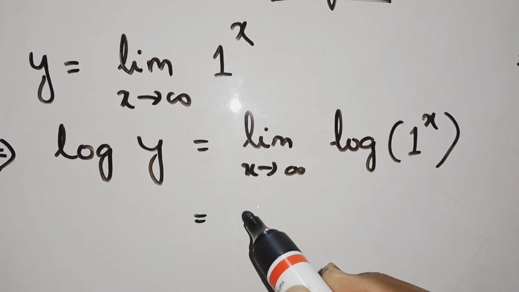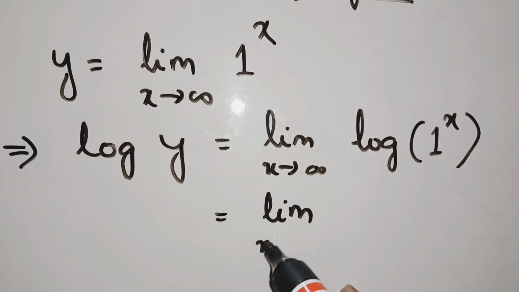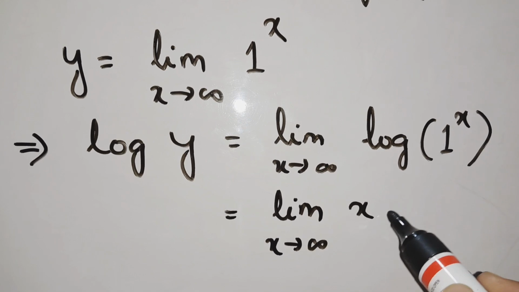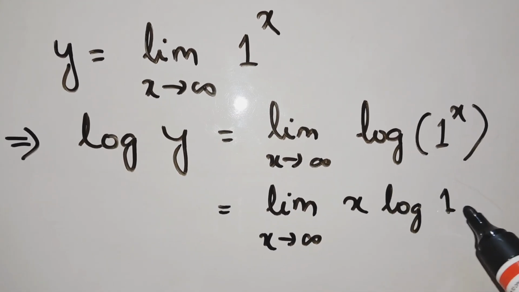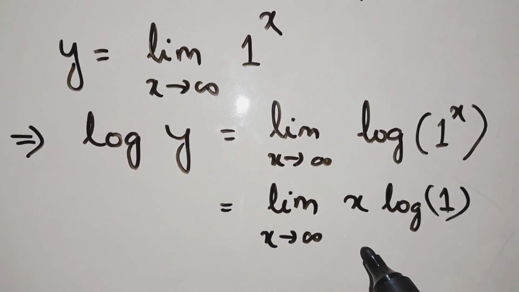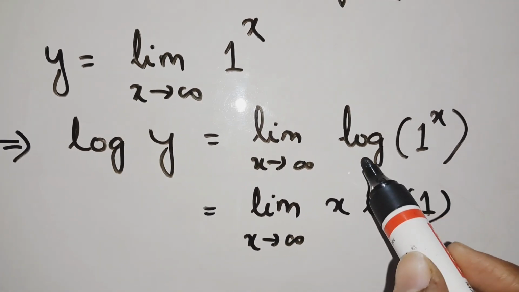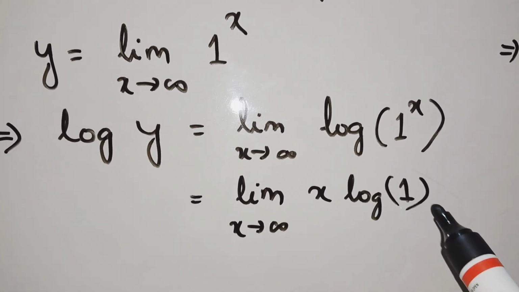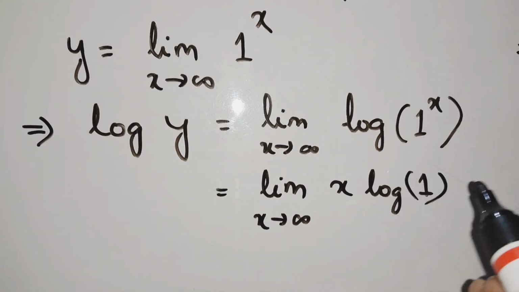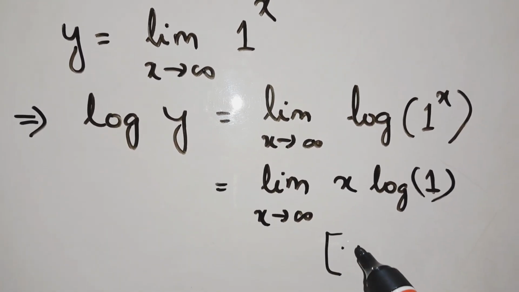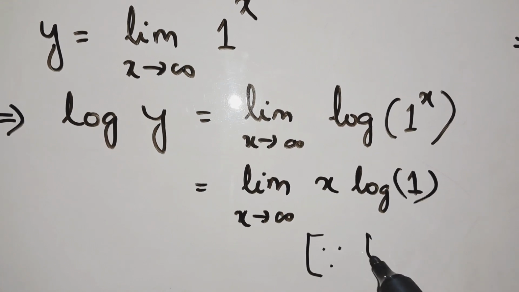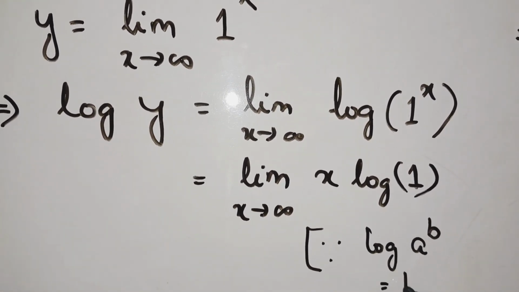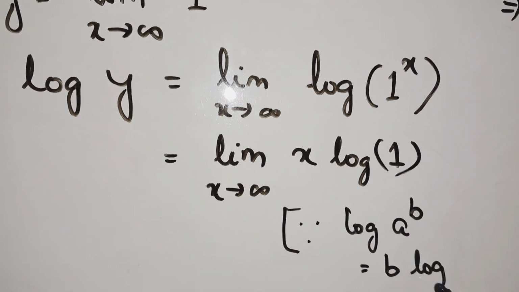Now this can be simplified further: limit x tending to infinity log of 1 to the power x is nothing but x log 1, because log a to the power b is nothing but b log a, by using that property.